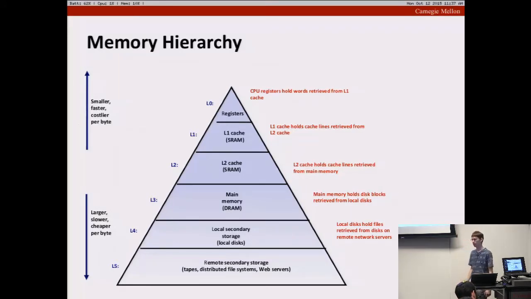The faster we make the memory, the less of it we're going to have, and the slower we make it, the more we're able to have. Going along with that, the faster memory is more expensive to produce, in terms of cost. So this is an outline of the memory hierarchy that we have on computers.